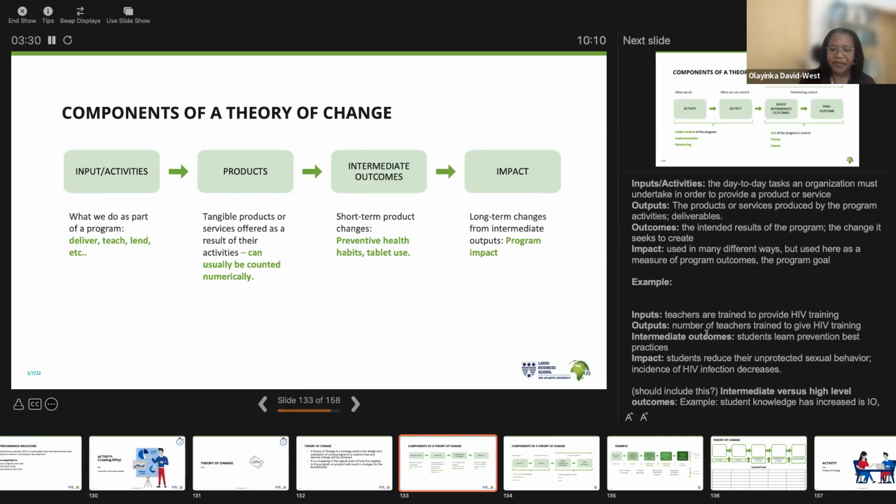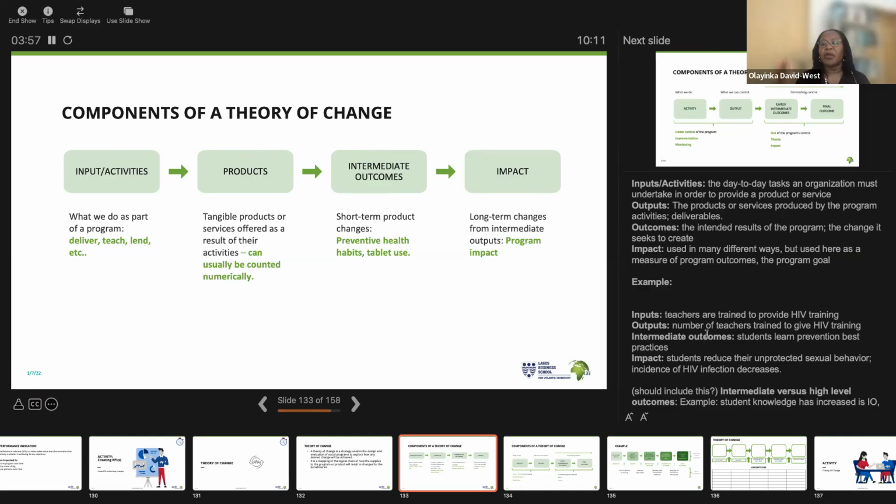So we do certain activities, those activities produce some outputs, and then usage of and interaction with that output has some intermediate outcomes. So when you're thinking about, for example, a maternal health program, you supply, let's say, maternal health education, then you're assuming one of the intermediate outcomes is that maybe more children will get vaccinated.